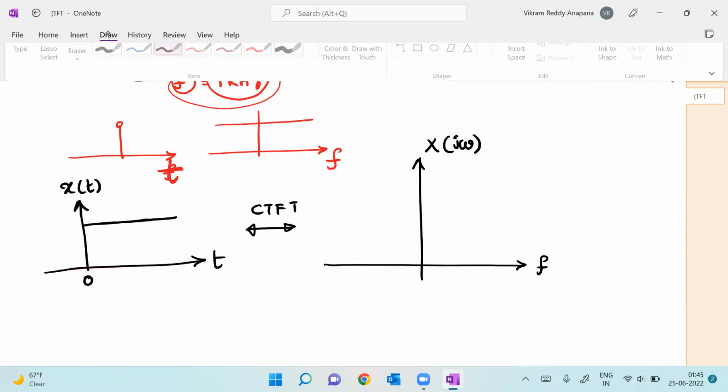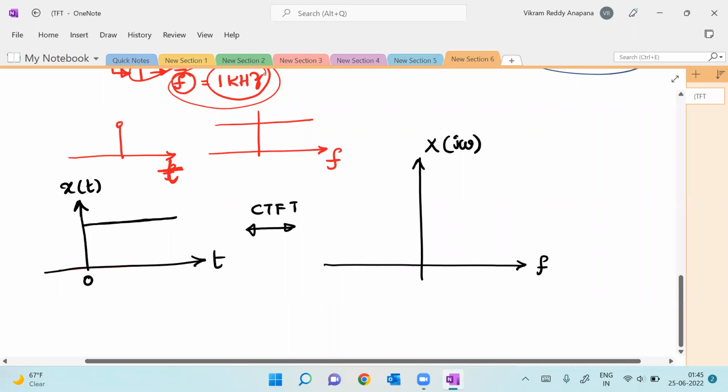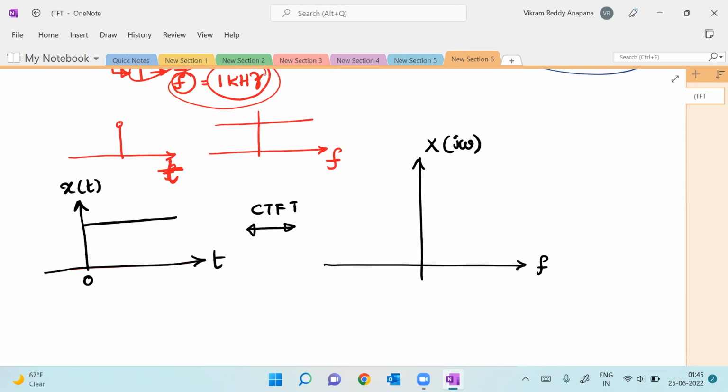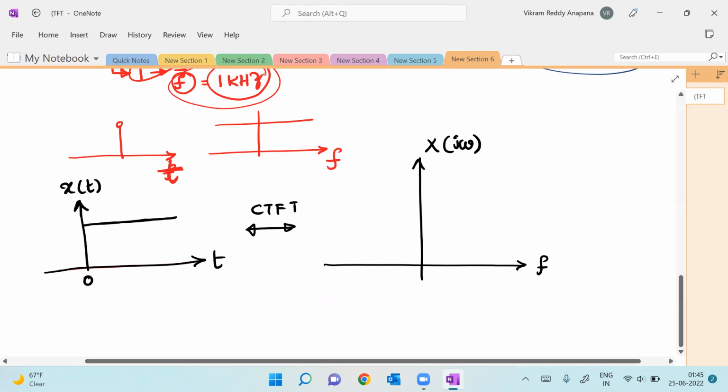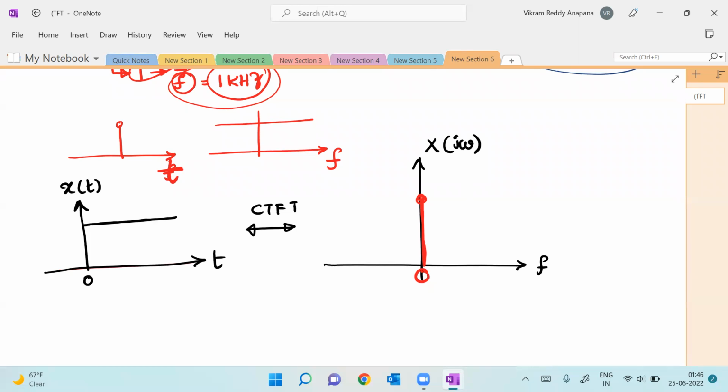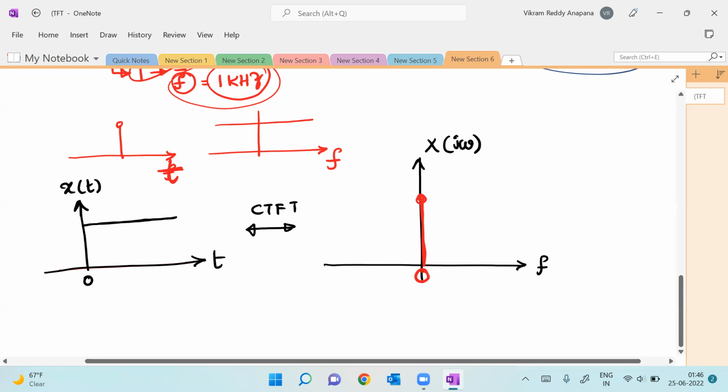Now the important point to note here is, will DC have any frequency here? An ideal DC function will not have any frequency component in the spectrum. As there is no frequency in this frequency domain, I can take a component at f equal to 0. This indicates there is no frequency component. But we are seeing a spike at f equal to 0, and f equal to 0 means there is no frequency component in the spectrum.